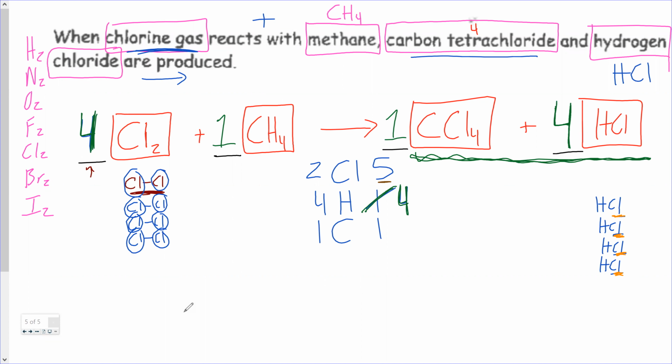Wait, if you had a CCl4 plus the 4 from the HCl, how would that be? Would it be 8? Yes, it would. Natalia, do you see how it would be 8? I see how it would be 8 now.